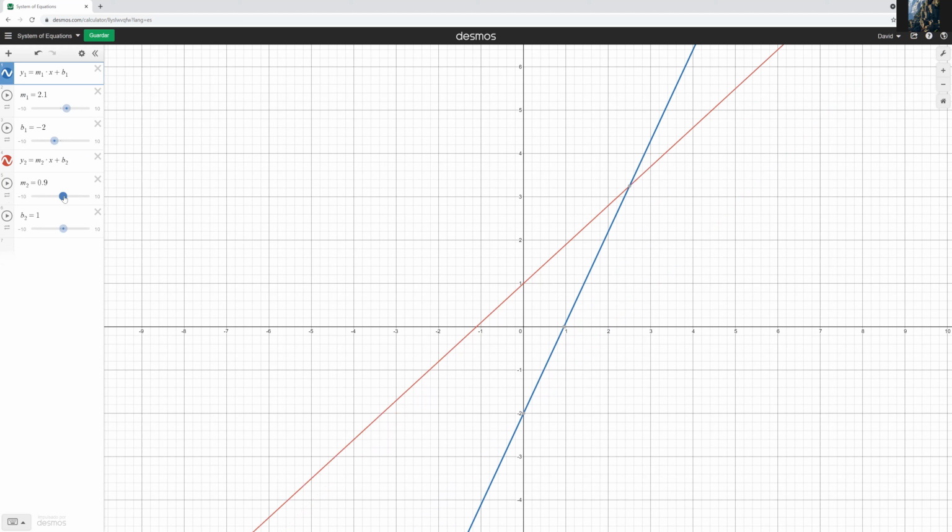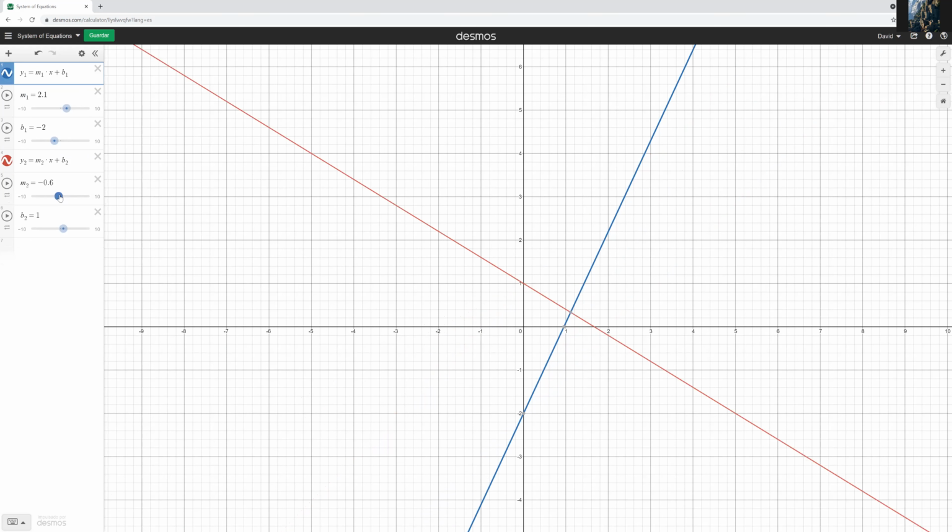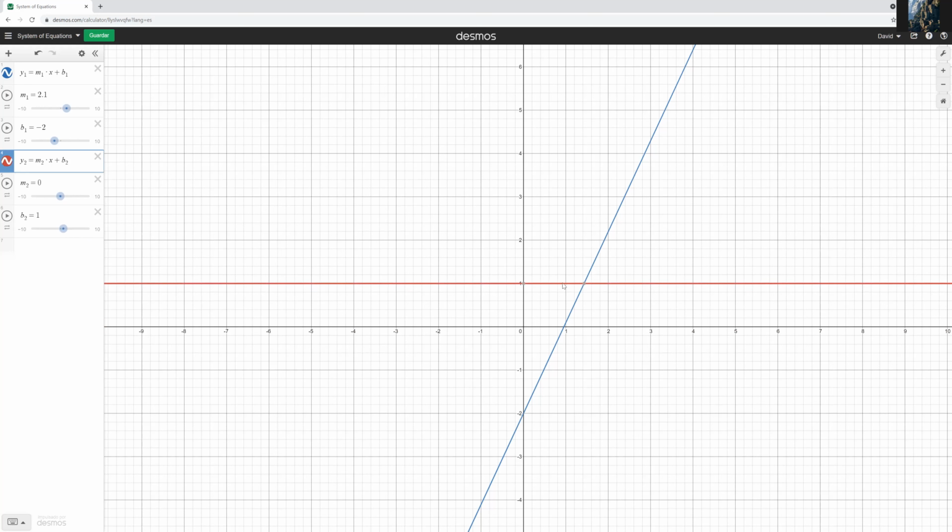So it won't matter how these lines are in our Cartesian plane, where they are. As long as they have an intersection point, there will be a solution for the system. Again, the solution will be that point.